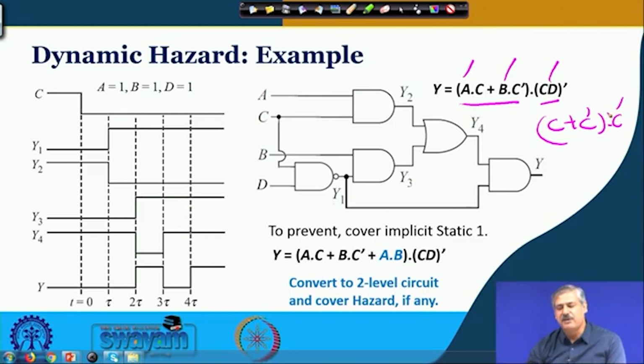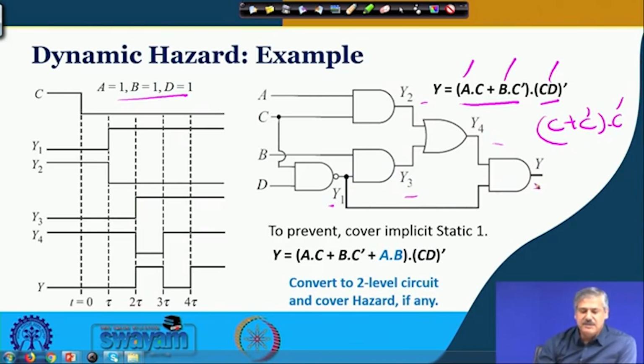Okay. So, this is just an example. What happens at that time you can see from this particular diagram. This is the value of the other inputs, and C is making a change. These are the outputs y1, y2, y3, y4 and y, intermediate outputs, for the purpose of plotting.